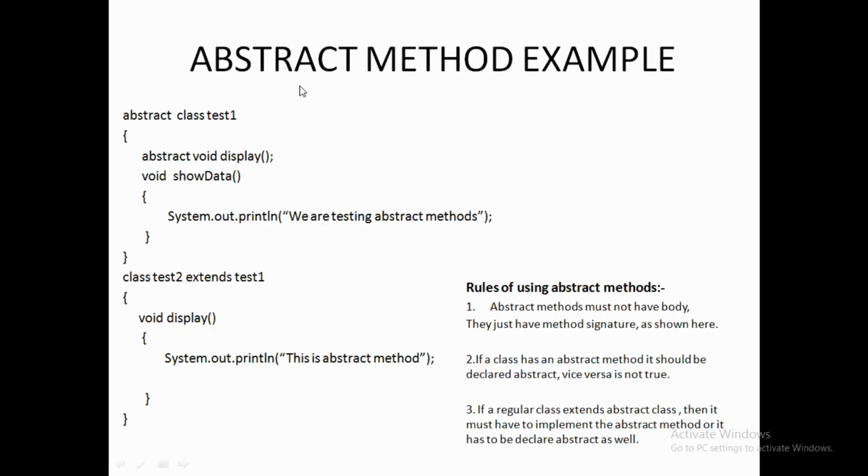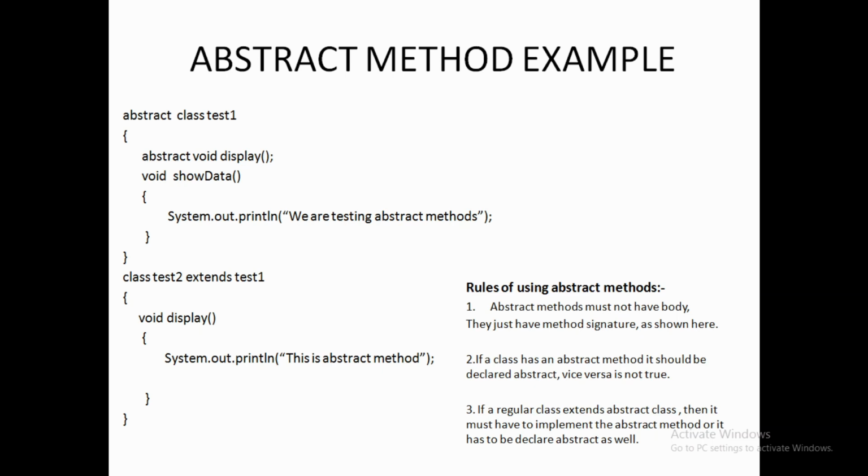Now in this slide I have discussed the abstract modifier. An abstract modifier can be used to define abstract methods. As in the case here, the display method is declared as abstract. But there are some interesting characteristics of abstract methods.